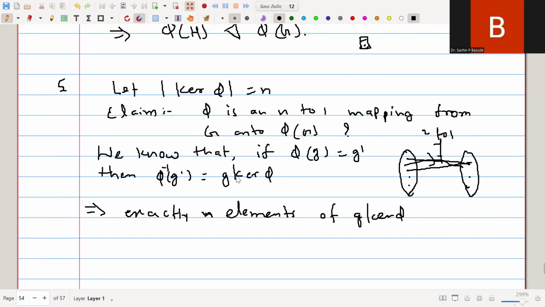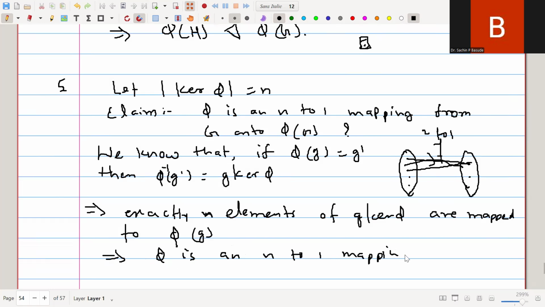So G kernel phi has n choices that are mapped to phi of G, right? This implies phi is an n to 1 mapping. So this is the fifth one.